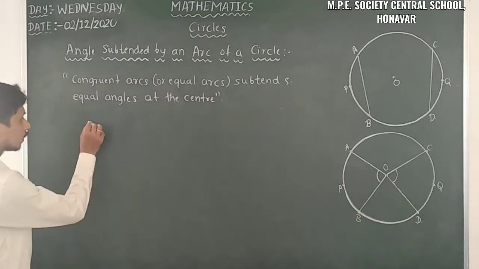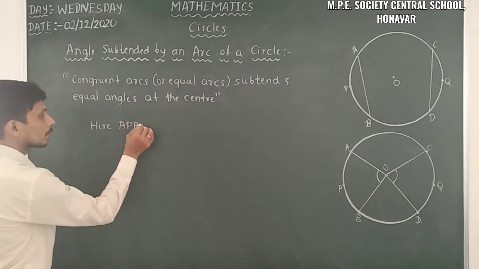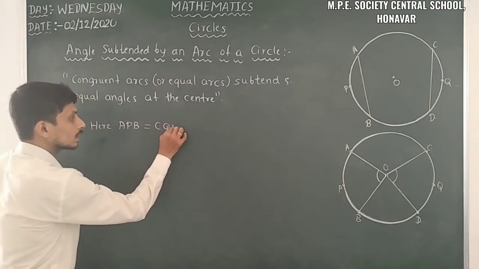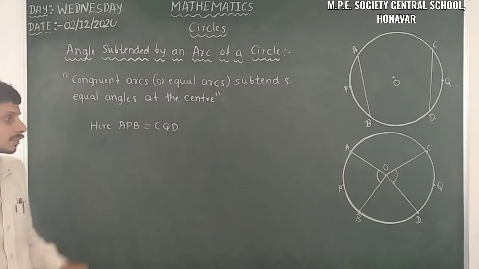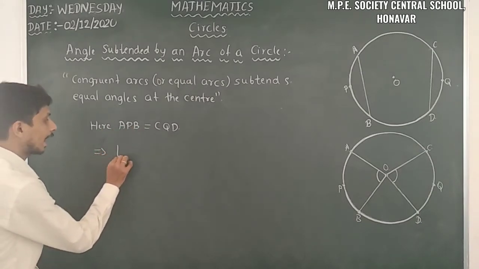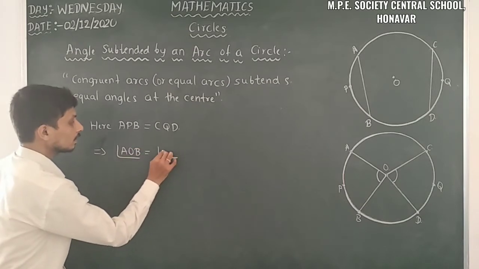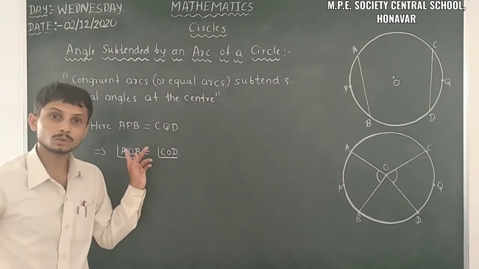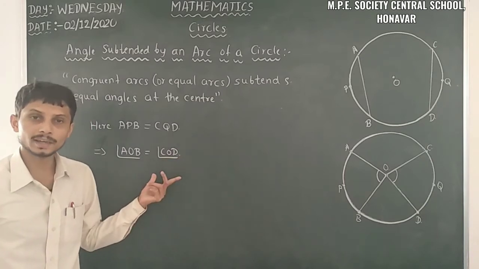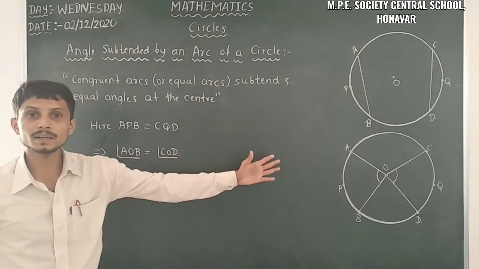So APB is equal to CQD, those two are equal arcs. This implies angle AOB is equal to angle COD. So those two arcs subtend equal angles at the center.